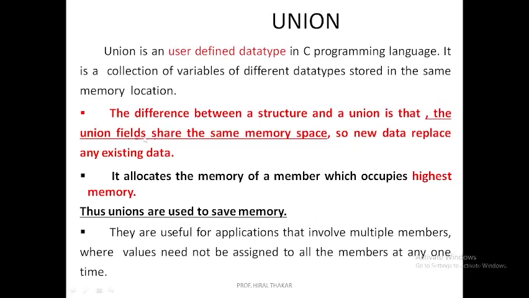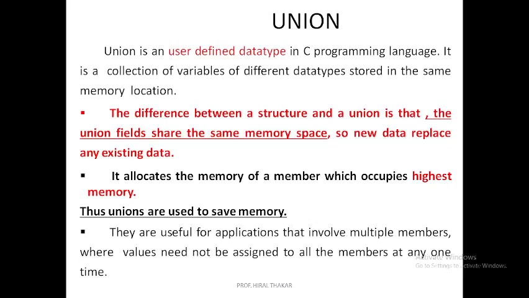The union fields share the same memory space, so new data replaces the existing data. What is the meaning of it? I will explain to you. And the difference between union and structure is most important.